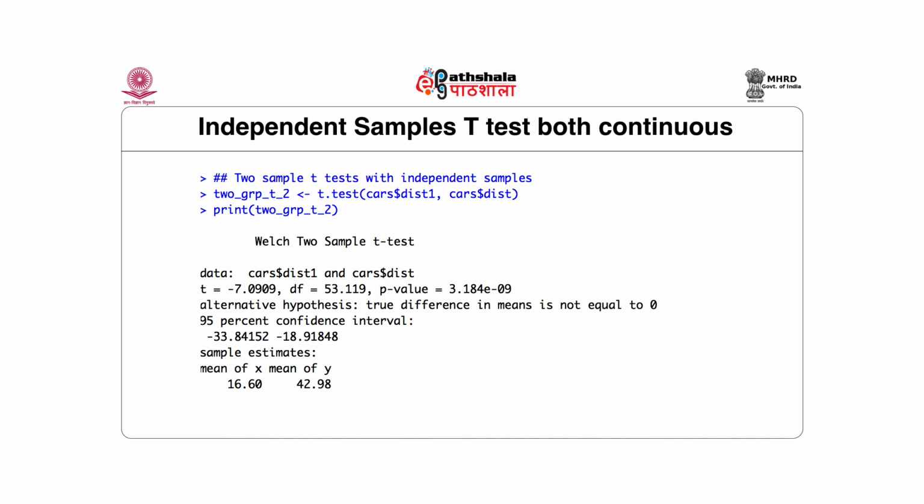The difference is almost like 36 miles or 36 kilometers, or minus 36 in this case, and the 95% confidence interval is going to range between minus 33.8 to minus 18.9. And the other thing that you get to see is that the p-value is very, very low. So 3 and then 10 to the power of minus 9.